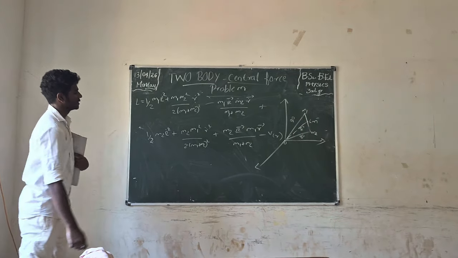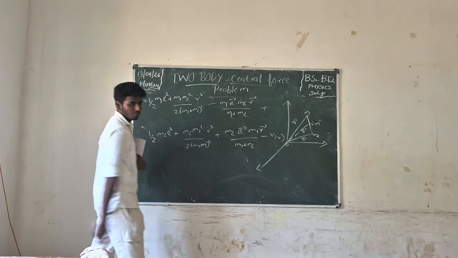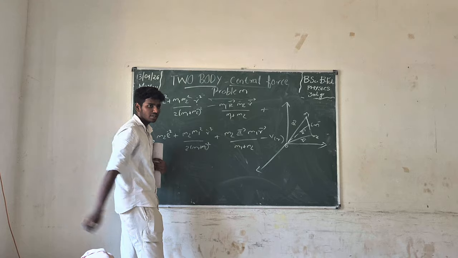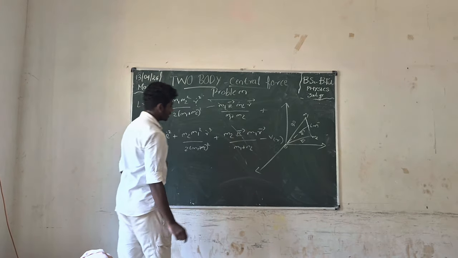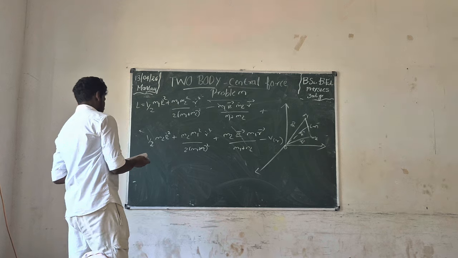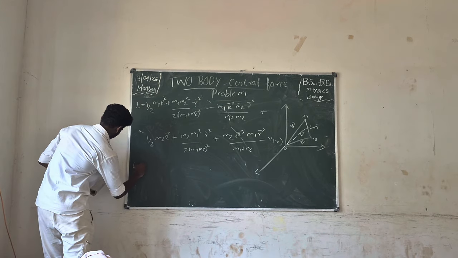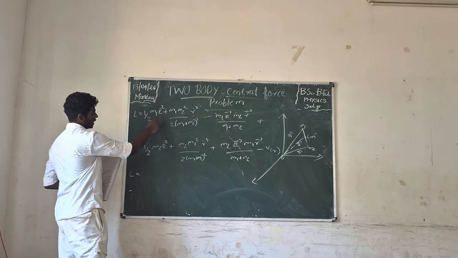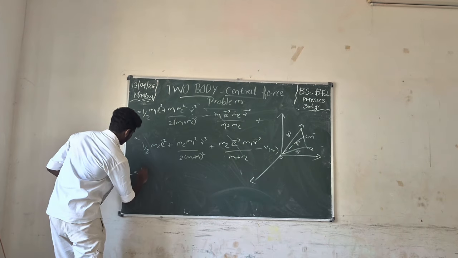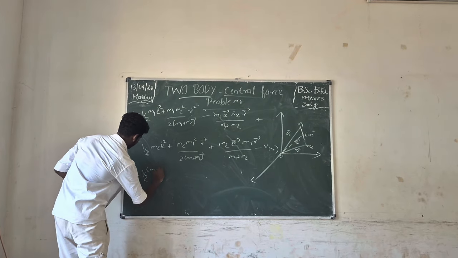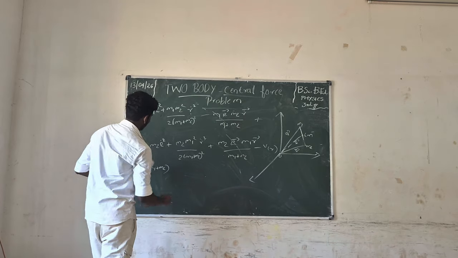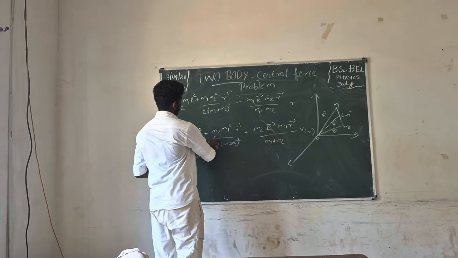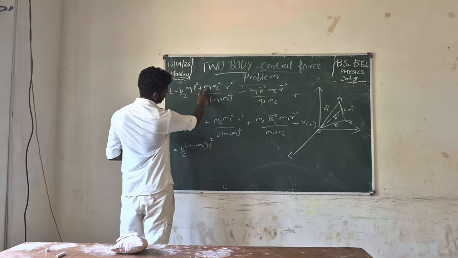So from here we can see that this term and this term are both similar, so we can cancel both these terms. We can write L is equal to, here we have R dot square common in both of these terms, so we can take it as common. So half into m1 plus m2 R dot square, plus, in the second term there is m2 square and m1 square.